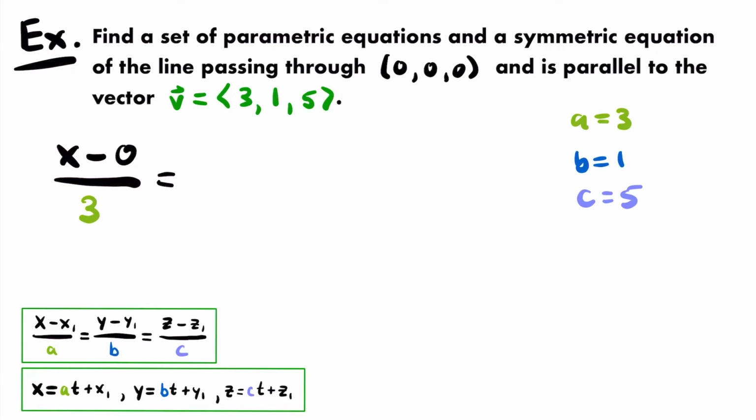And then that will be equal to y minus y1, which is 0, and then we will divide by the direction number b, which is 1. That's our y component of the direction vector. So we're dividing by 1. And then that will be equal to z minus z1, which is also 0, and then we divide by c, that direction number, which is 5, the z component of the direction vector.